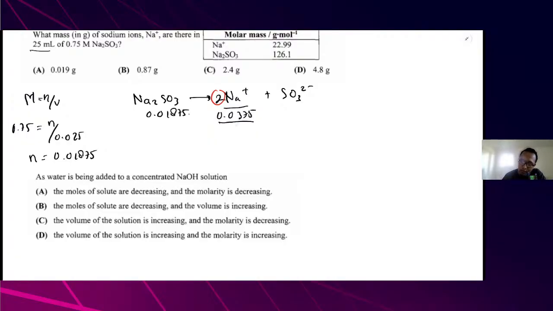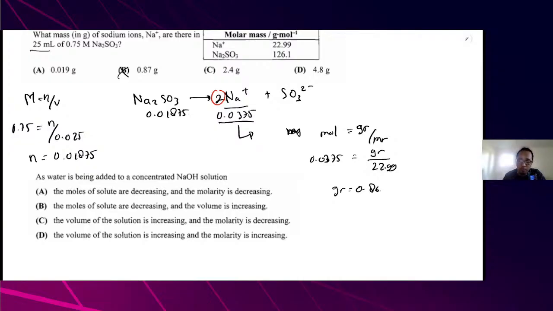How to convert it into grams is pretty easy, just using the molar mass. Moles is grams per molar mass, so mass is 0.0375 times 22.99, and it will be grams. It will be 0.86 grams. So the answer will be B. Let's double check our answer.